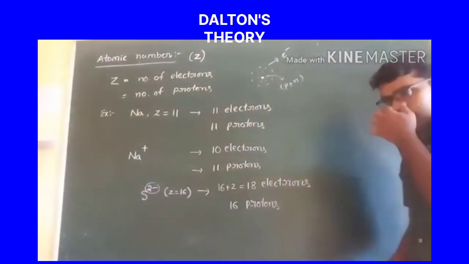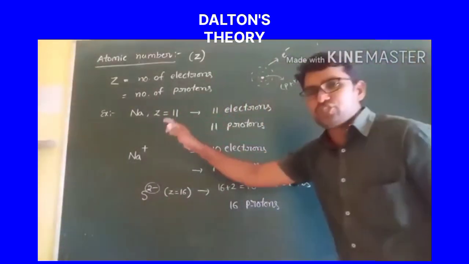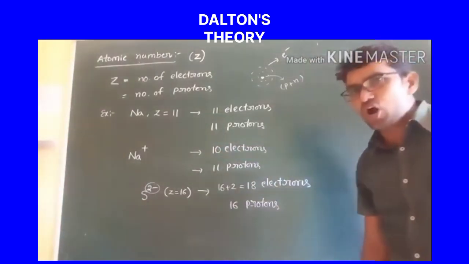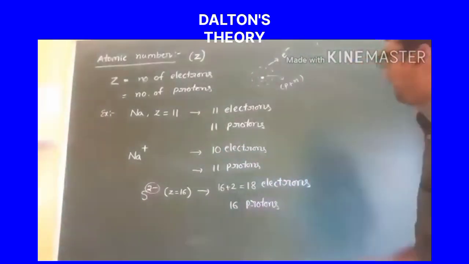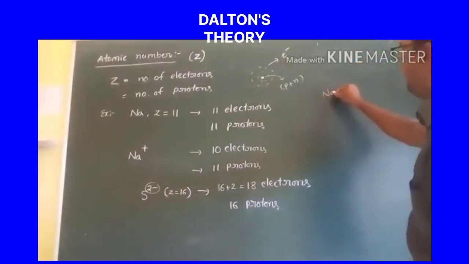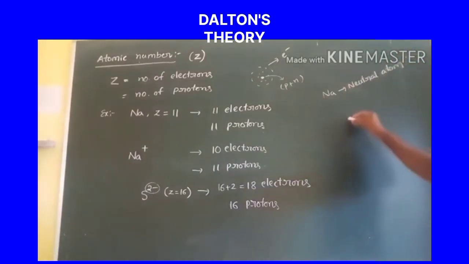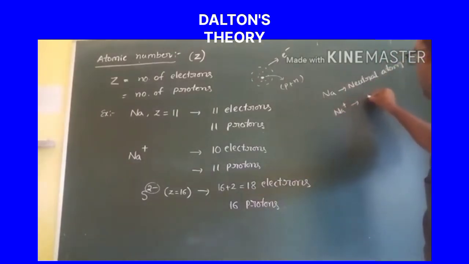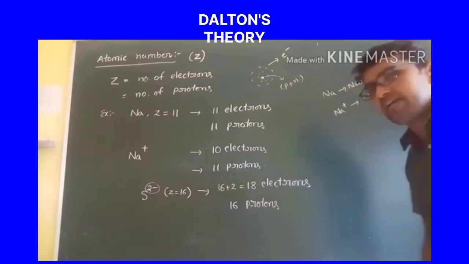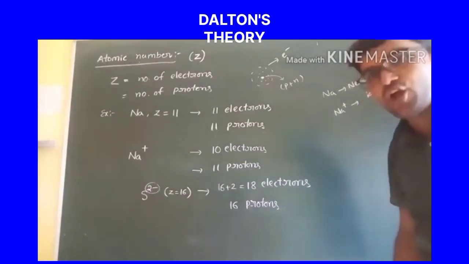Very simple. Without any charge, that one is called a neutral atom. Na is a neutral atom. But Na plus is an ion. What type of ion is it? Positive ion.